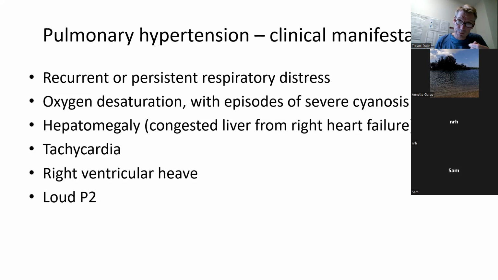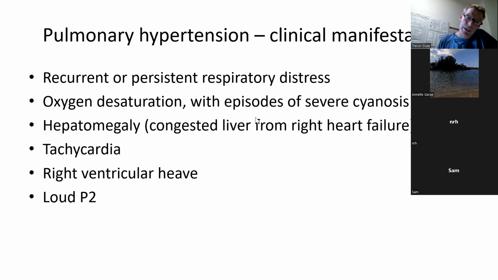So the pulmonary hypertension causes dilatation of the right heart, leading to high venous pressures, leading to liver congestion, and they'll often have right heart failure. They're usually tachycardic, and they may have a very prominent right ventricular heave. When you examine the precordium, their right ventricle is prominently contracting.